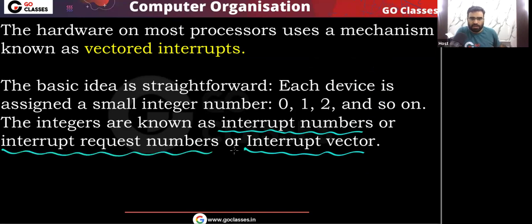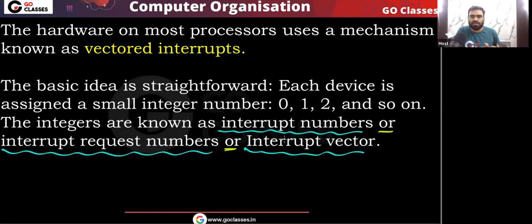So very simple point: every type of interrupt in your computer, every IO device, will have a unique identification number. This number is a small integer, not a big integer, like 0, 1, 2 and so on. This is called the interrupt vector.